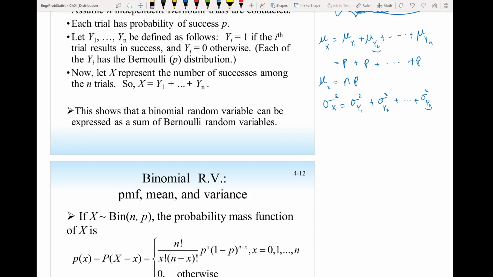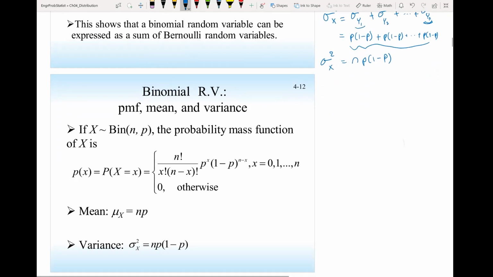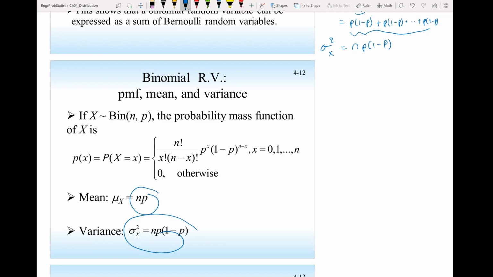So the variance of the random variable y1, which is a Bernoulli, we already found it to be p times 1 minus p, plus the variance of this one is p times 1 minus p, plus all the way to the nth Bernoulli random variable, so that's p times 1 minus p. So now I have n of these items, so then it would be np times 1 minus p. And this is the variance of the random variable x that has a binomial distribution, which is this one. So we found the mean and the variance of the random variable x.